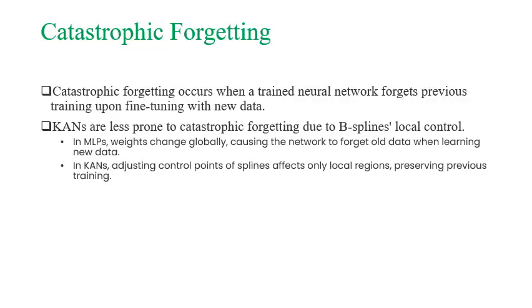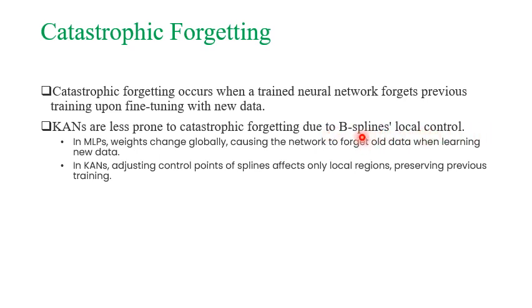Catastrophic forgetting. What is catastrophic forgetting? Catastrophic forgetting occurs when a trained neural network, let me say it in simple language, when we want to fine-tune a neural network with new data, this network forgets its previously learned weights and data. This problem is called catastrophic forgetting. KANs are less prone to catastrophic forgetting due to B-spline local control.